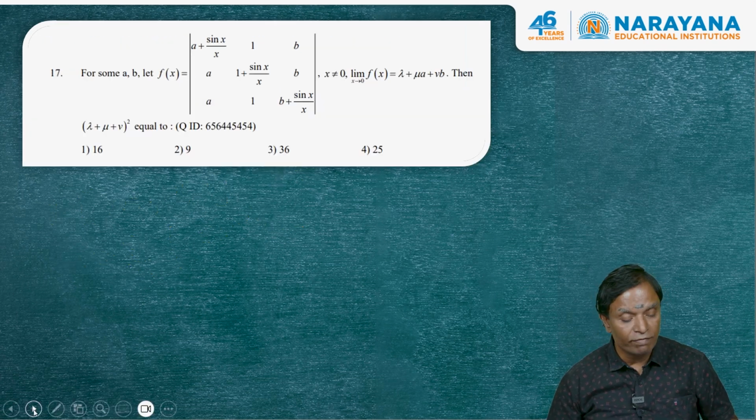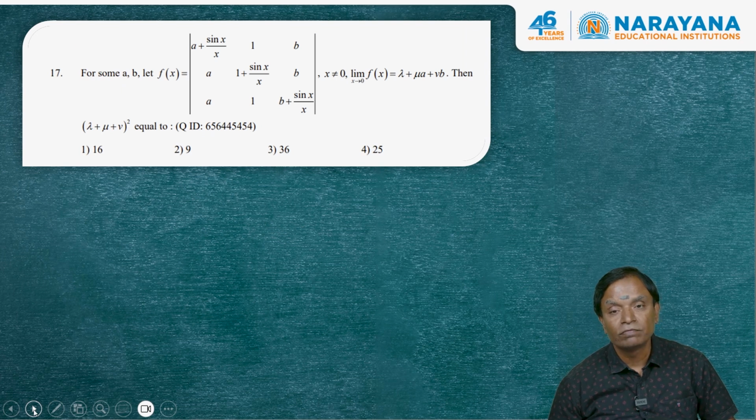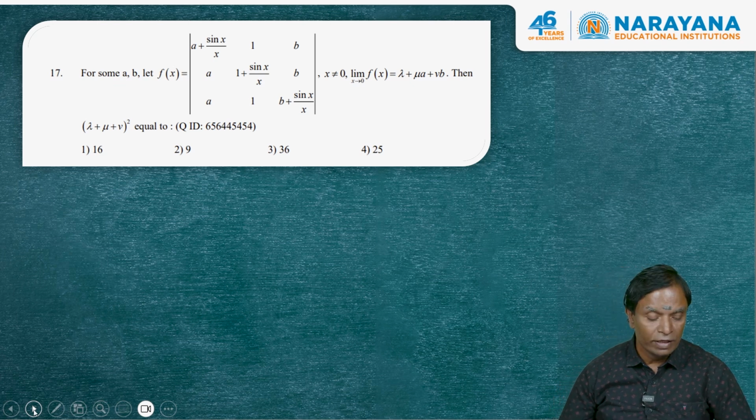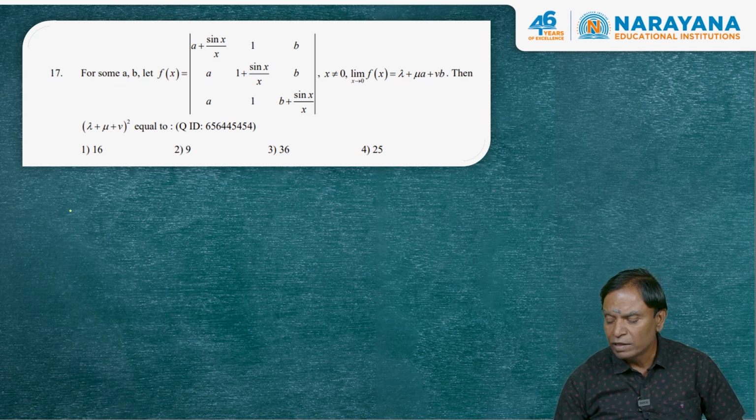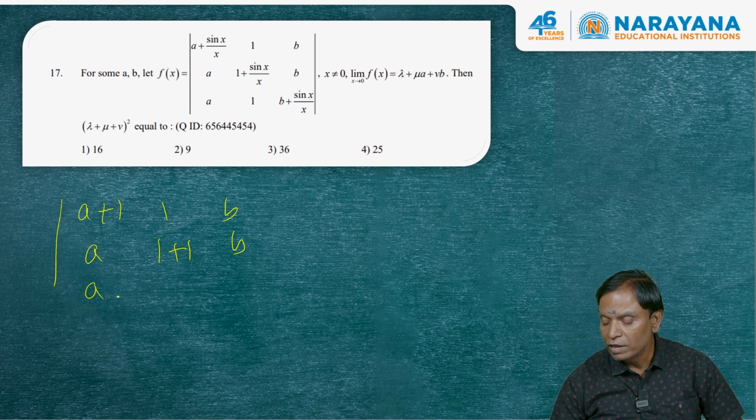You are given some function f of x for some a, b, and you are given the limit as x tends to 0 of f of x. Then you are asked, I think this problem, you apply the limit in the determinant, it will be a + 1, 1, b, a, 1 + 1 and then b, a, 1, b + 1.